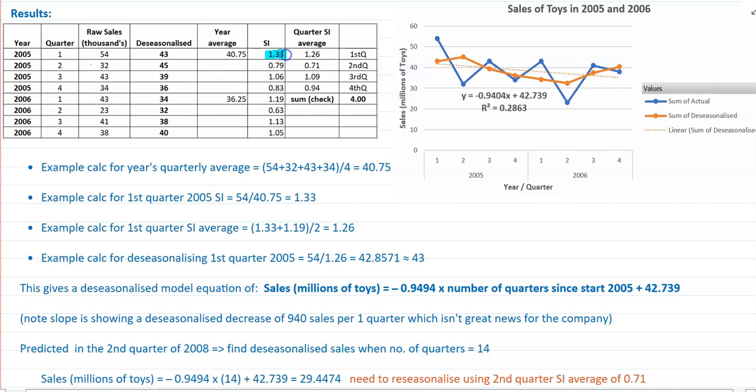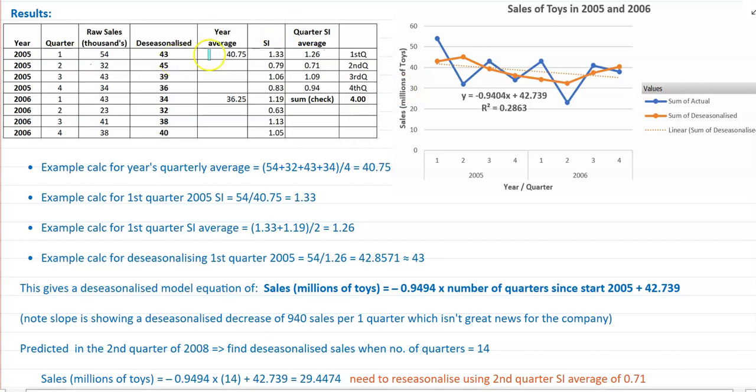So I took the first quarter seasonal indices and I averaged them to get 1.26. Okay, and I did that for the other 3 quarters as well. I also made sure that once I had found all of those indices, I added them up to check that they come to a total of 4.